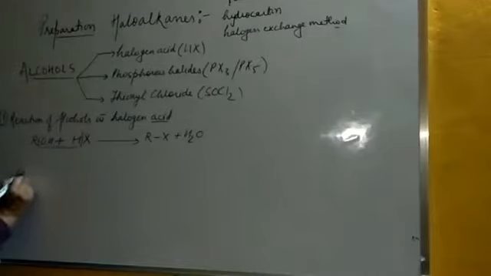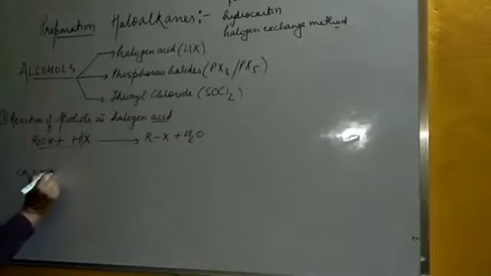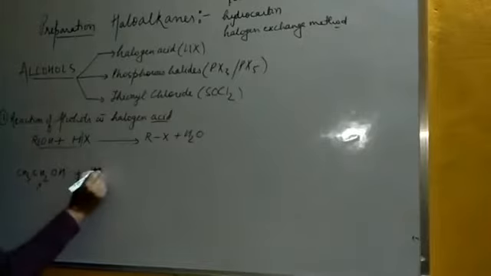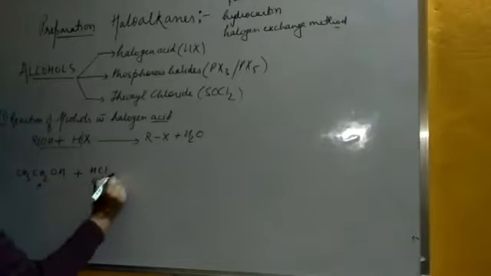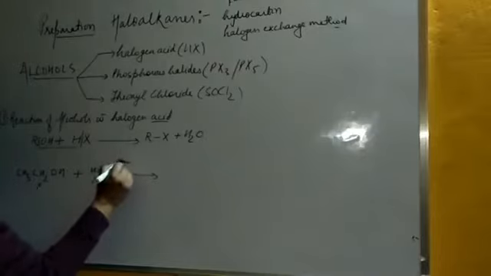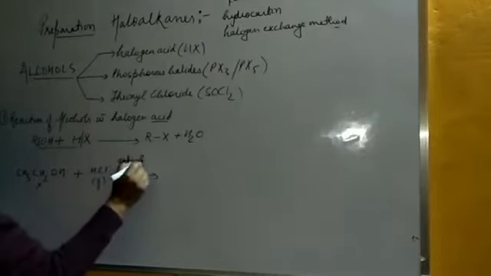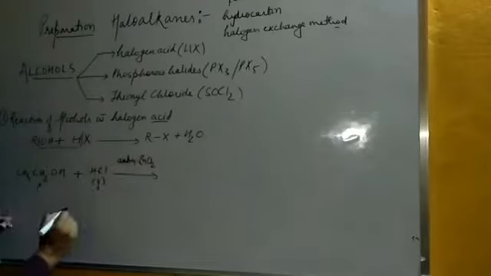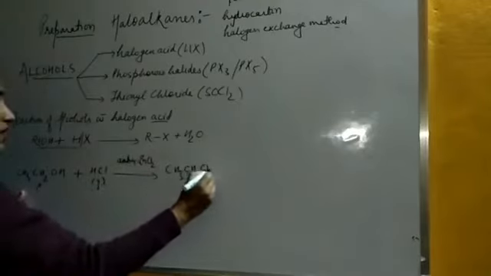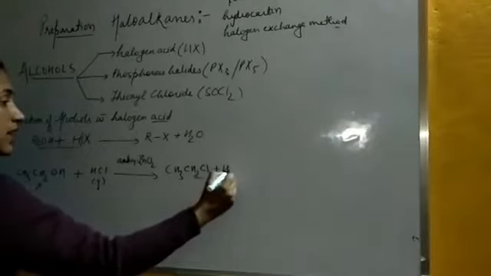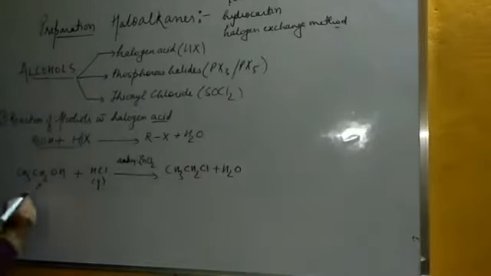haloalkane. So let's take the first example, CH3CH2OH. This is the primary alcohol. It will react with HCl acid, right, in presence of anhydrous ZnCl2, to form CH3CH2Cl, and H2O will be removed.